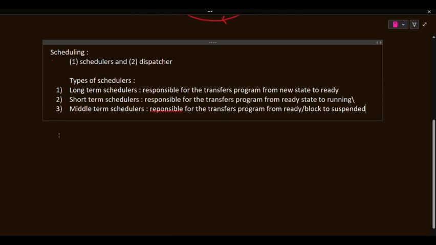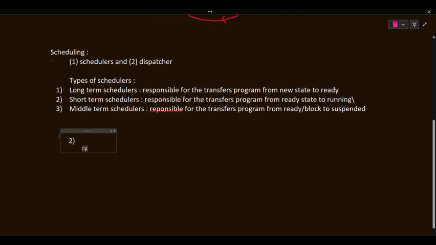Now, let us discuss the important terminologies that we have to know to understand the scheduling algorithms properly.